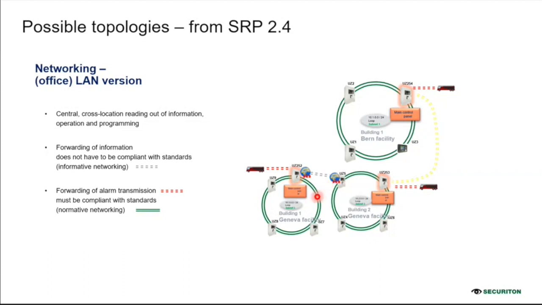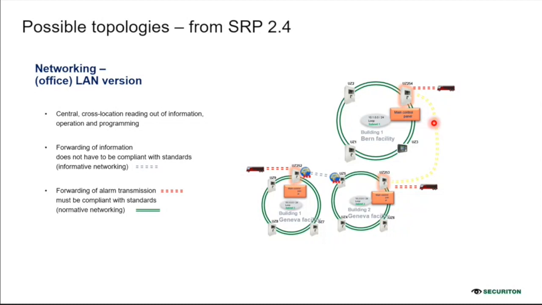But we can also transmit the information through a normal connection, not redundant. In that case, in Bern, for example, we are going to receive information from a different building in another city, but this connection is called an informative connection.